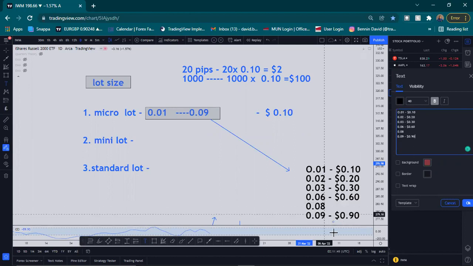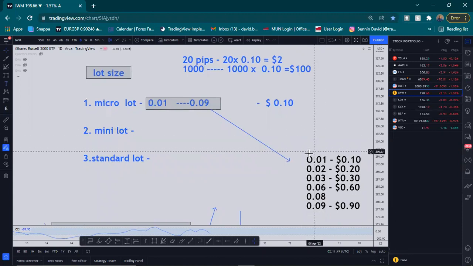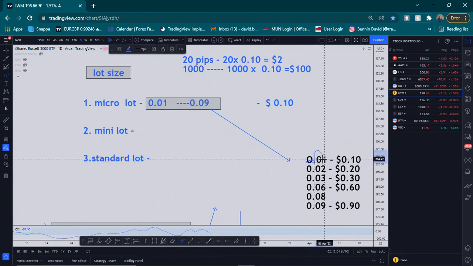So how do we get this number? In simple terms, for the lot size you are using, you multiply it by 10 to give you the money you get. Or if that is confusing, move the decimal point from here, 0.01, to here, and it becomes 0.1.